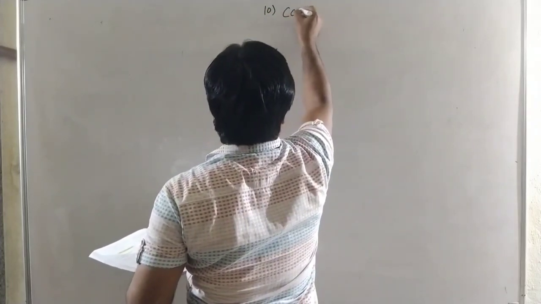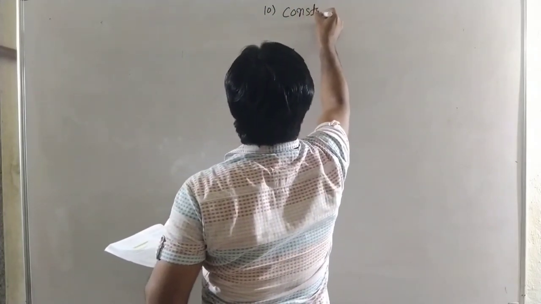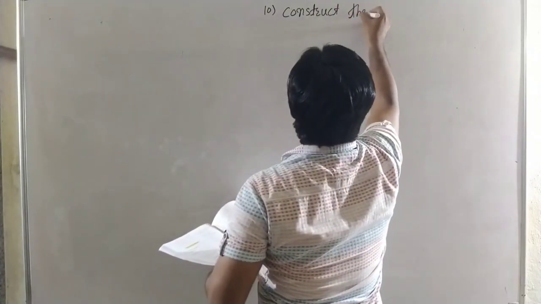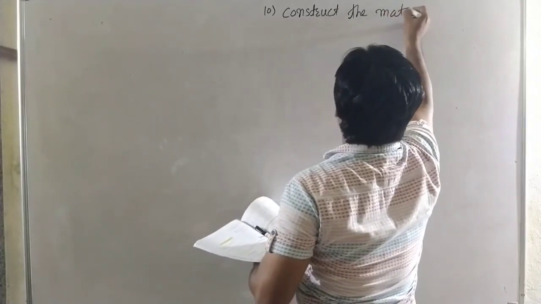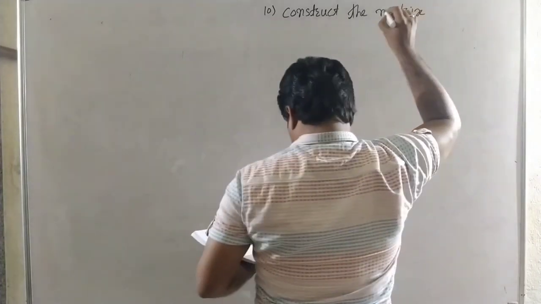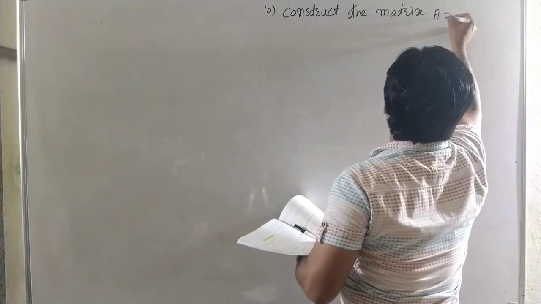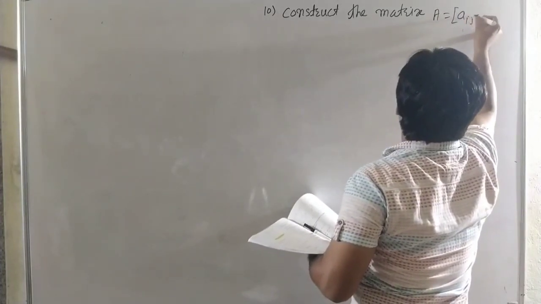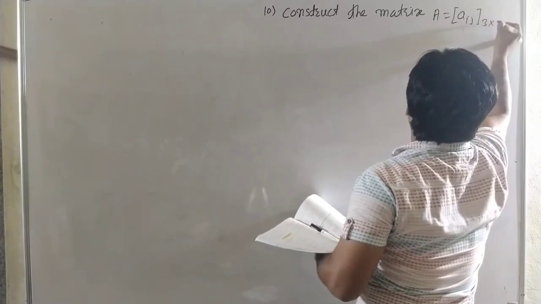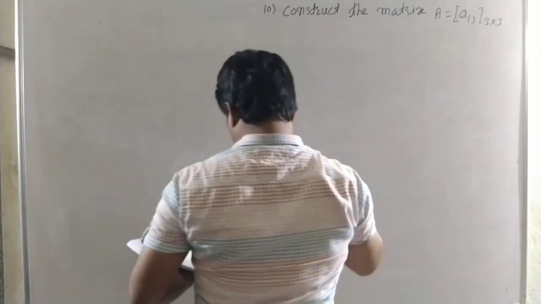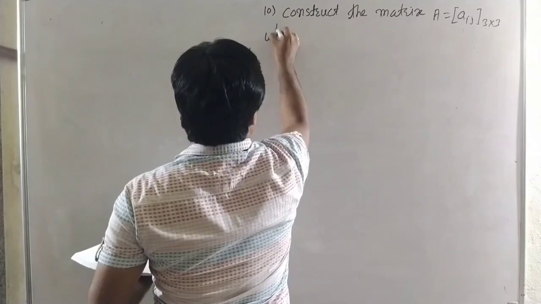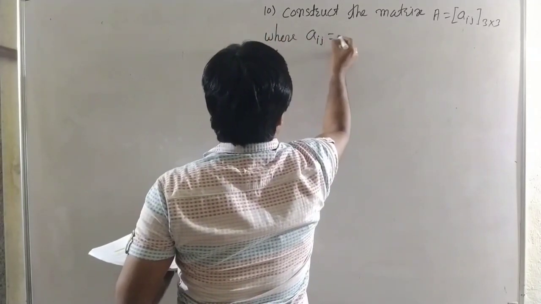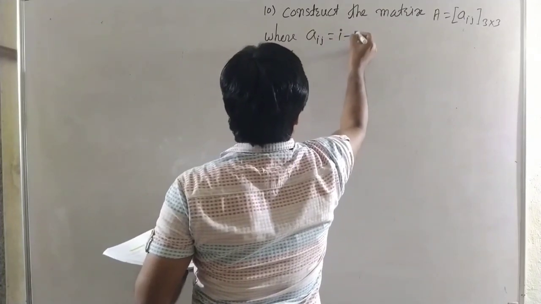Construct the matrix A equal to [aij], whose order is 3 by 3, where the element aij is equal to i minus j.